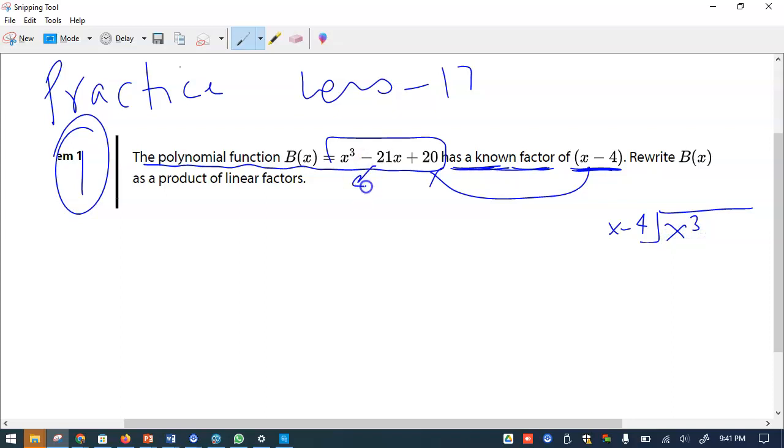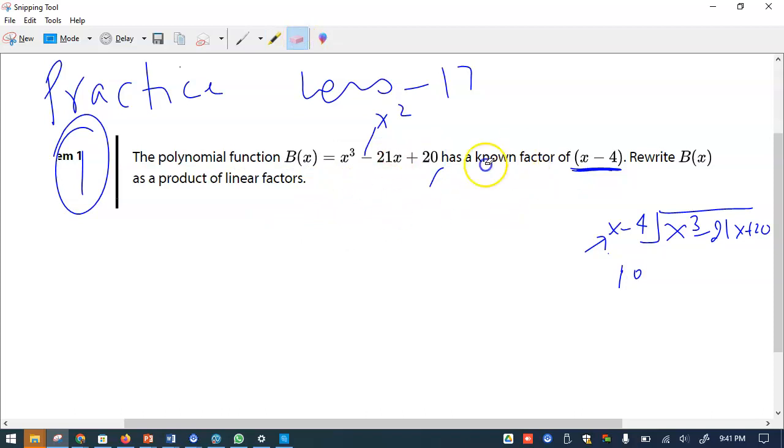Remember, what is missing here is the x squared term, so you have to put 0x squared, and then plus 20x so that you get the right answer. And here, this part, 21x plus 20. And then you do exactly what we did in the first 10 minutes I was showing. So let's go directly to that part using the long division method.